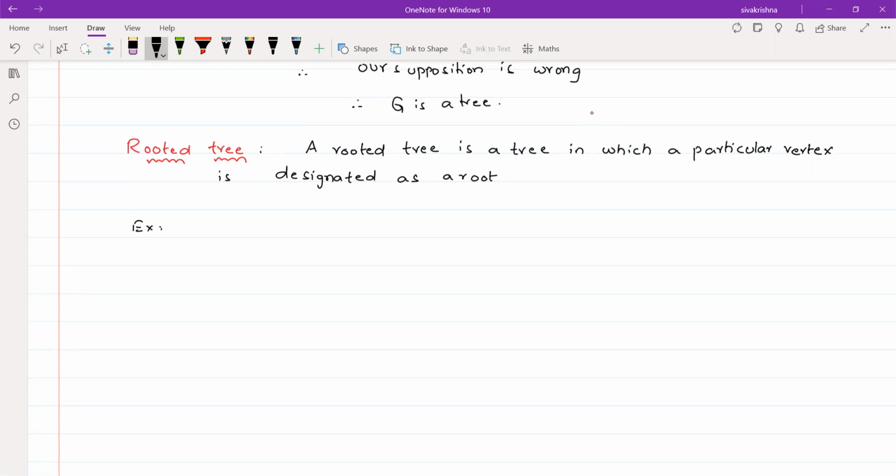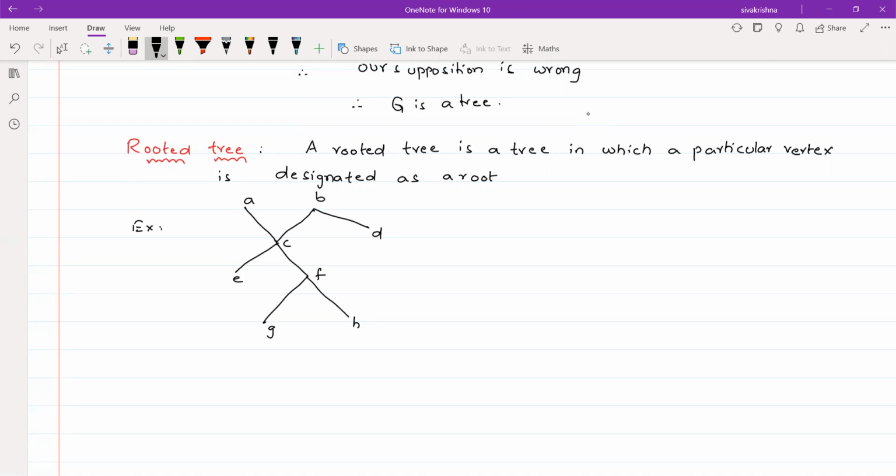So I am drawing one tree first of all. So these are the vertices A, B, C, D, E. Of course, this is F, and this is G, and this is H. Okay, this is the given graph.